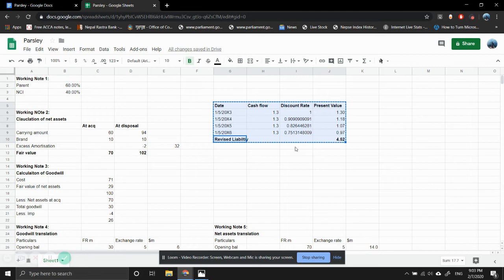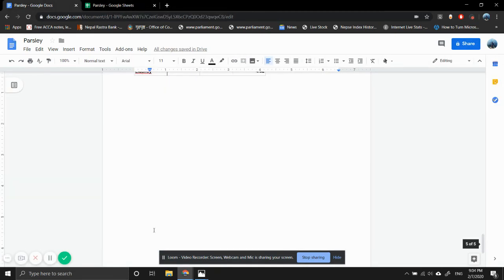So 4.18 minus this figure, 0.34. The revised lease liability is $4.52 million.